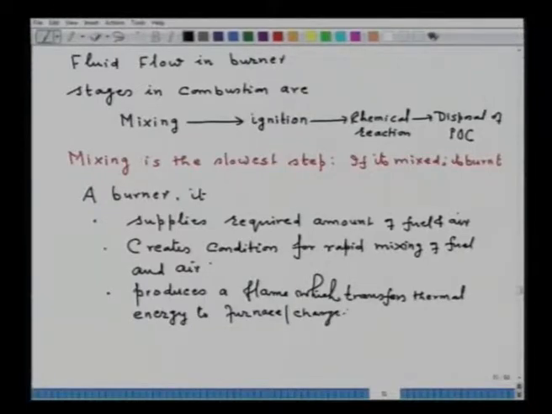So you see, a burner is a very important component of the furnace. It does several jobs. It has to direct the flame where heat is required. So the arrangement of burner is also important.